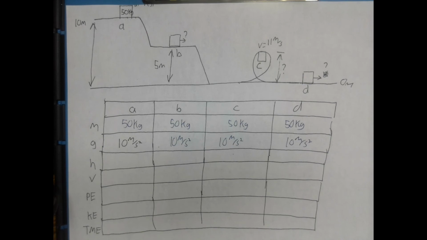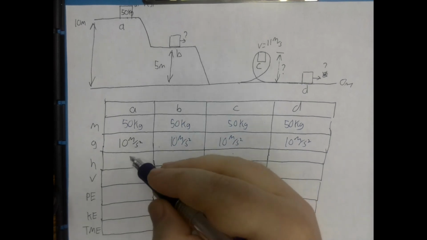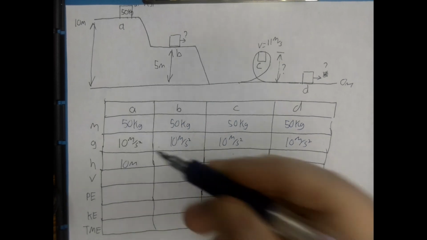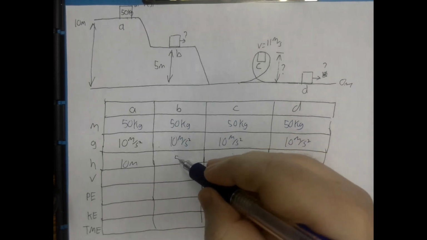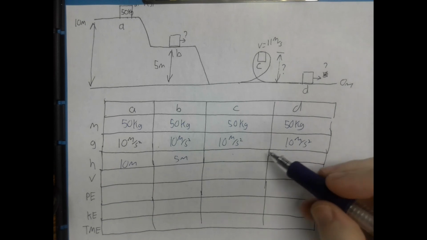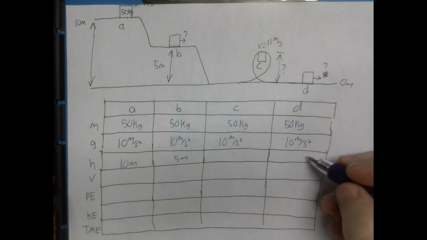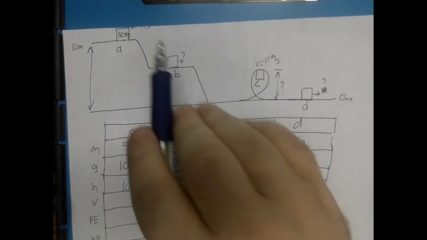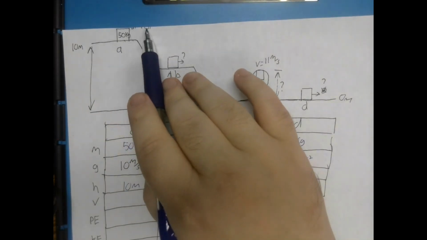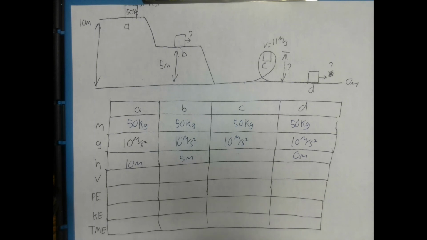So what's the height at A? What's the height at B? Height at C? Height at D? It's cut off, but it says at rest. So what does at rest tell us?